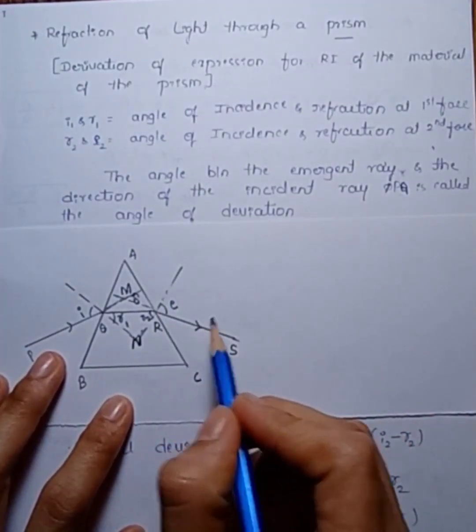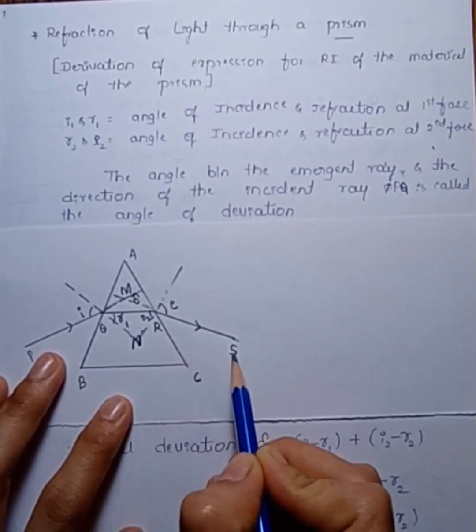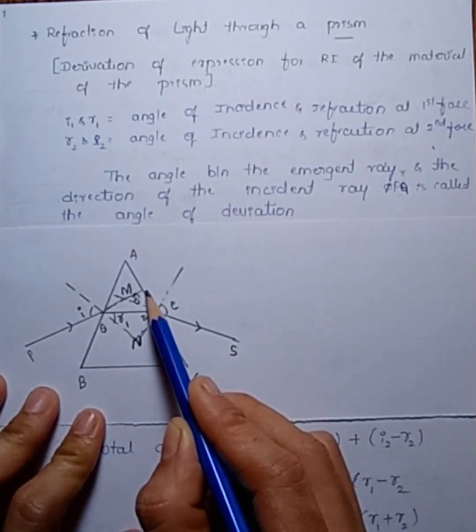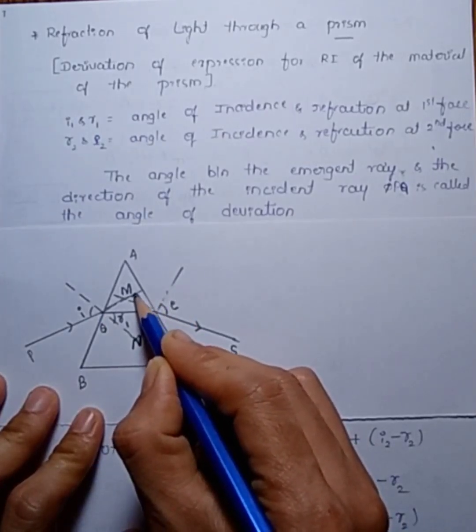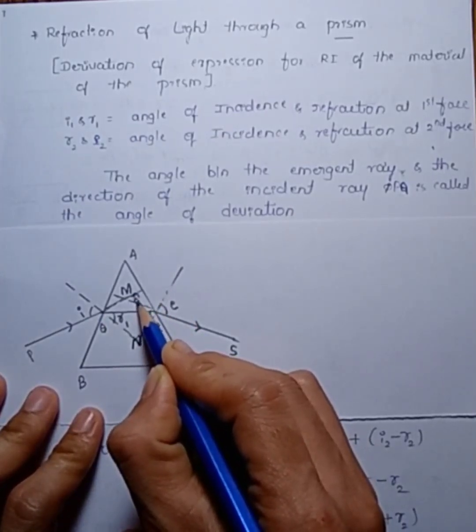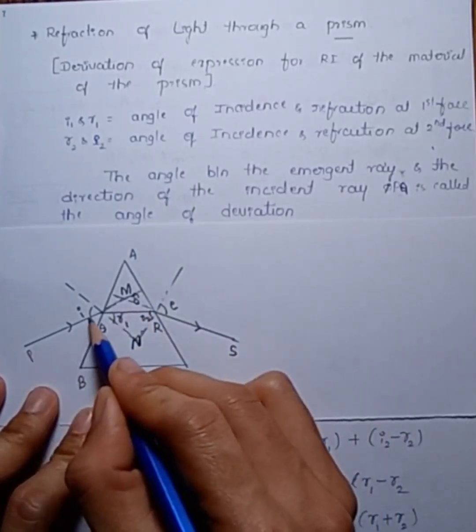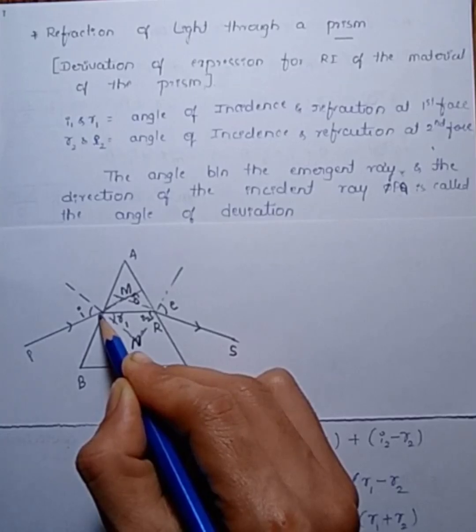The angle between the emergent ray RS and the direction of the incident ray PQ is called the angle of deviation delta.